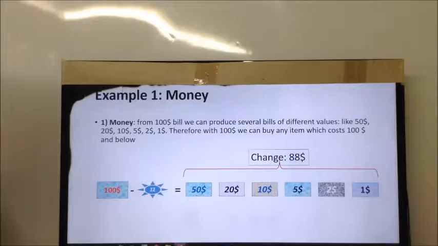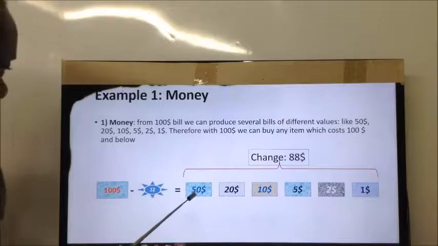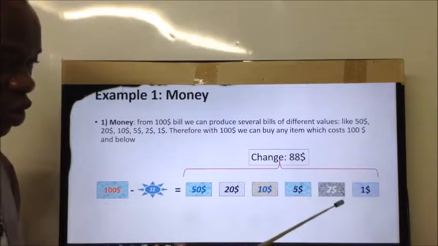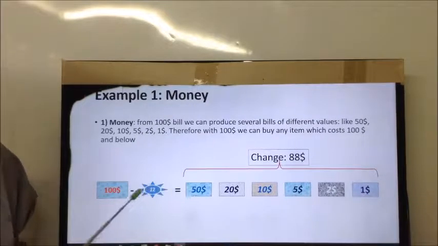If you have, for example, a $100 bill, you go to a store, you buy an item for $12, then you will be given a change. The change will be $88. And this change will come to you in bills of 50, 20, 10, 5, 2, $1.